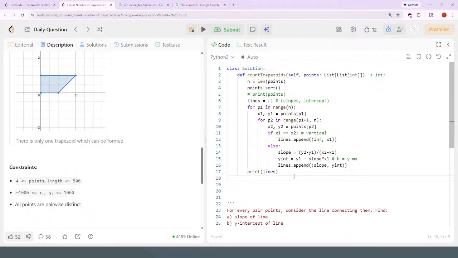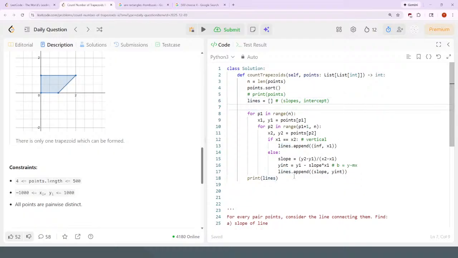Okay, so anyways, how to do this? For every slope intercept, count the number of times it occurs. So slope intercept, how many times it occurs, and then do a mapping of the slope to intercept. Slope maps to intercept, slope intercept maps to count. Yeah, okay.